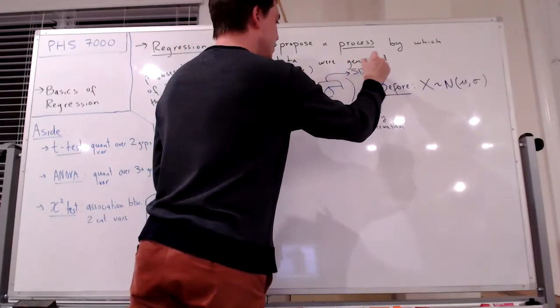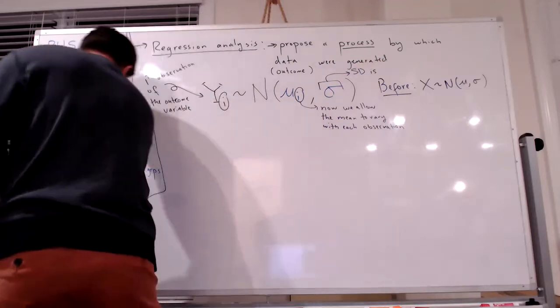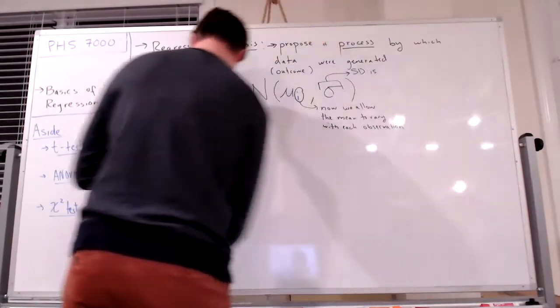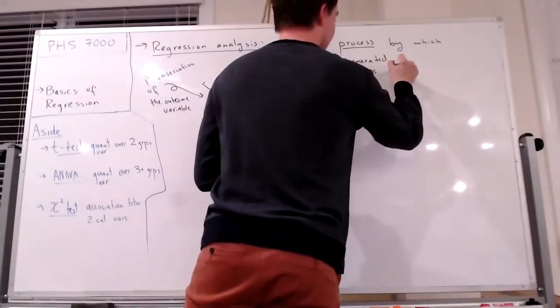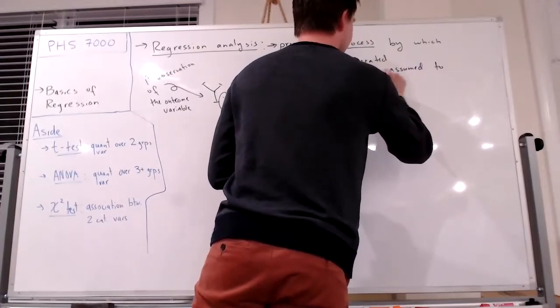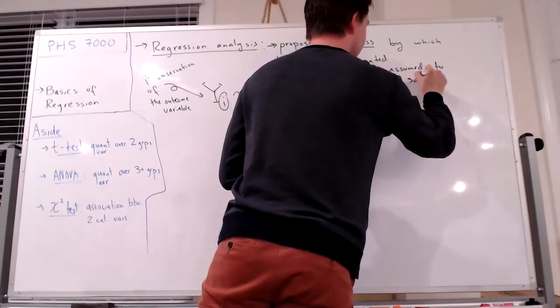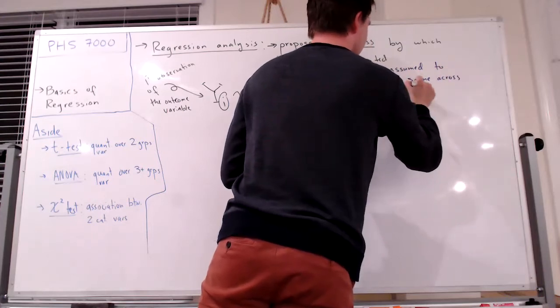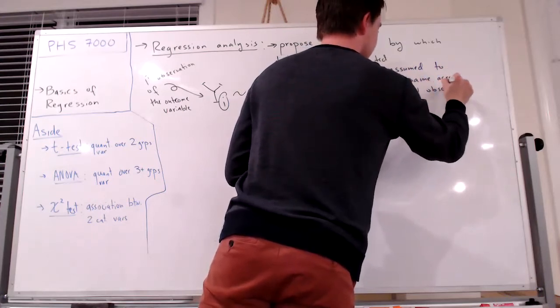So the standard deviation is assumed to be the same across all n observations.